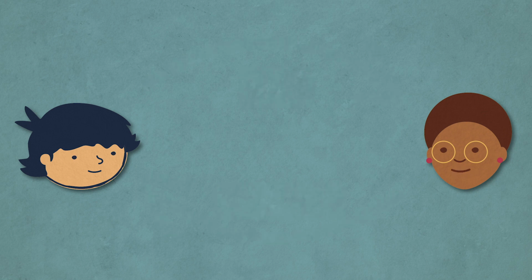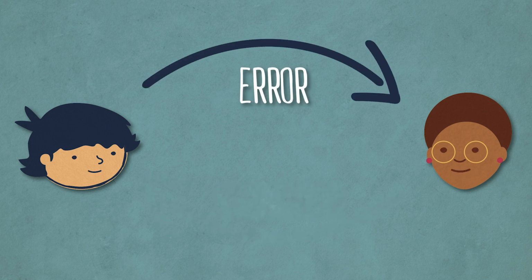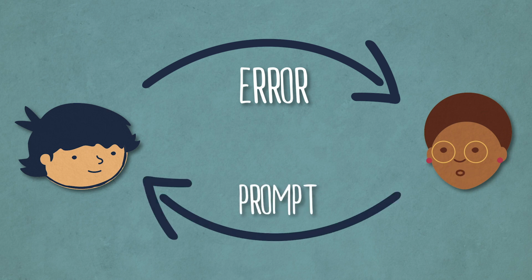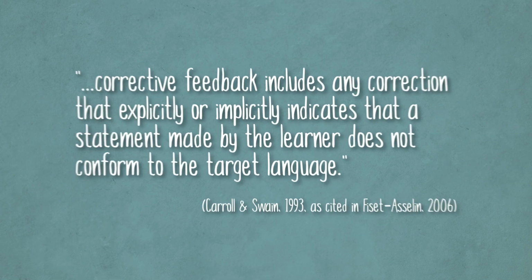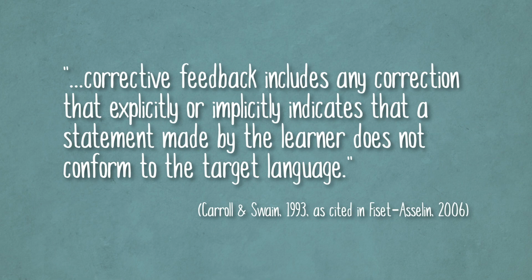Other types prompt the learner to self-correct by offering hints and the necessary time to reflect or notice the error. According to Carol and Swain, corrective feedback includes any correction that explicitly or implicitly indicates that the statement made by the learner does not conform to the target language.